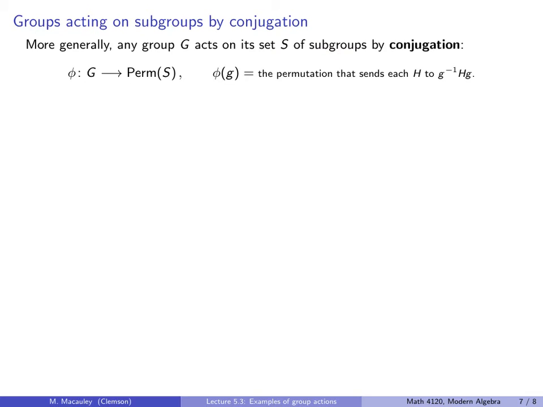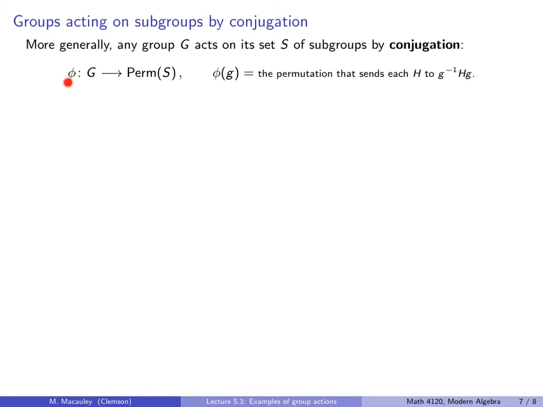Let's summarize what we just did and apply it to general groups. If we have an arbitrary group G, then it will act on its set of subgroups S by conjugation, just as we defined before. And here we can include the entire group as a subgroup if we want to.